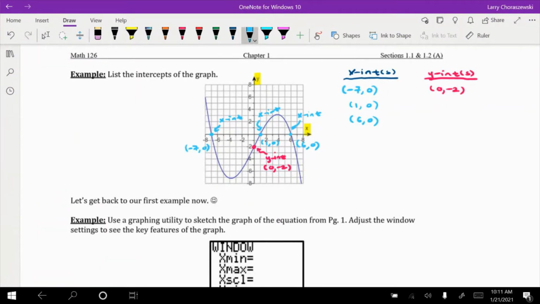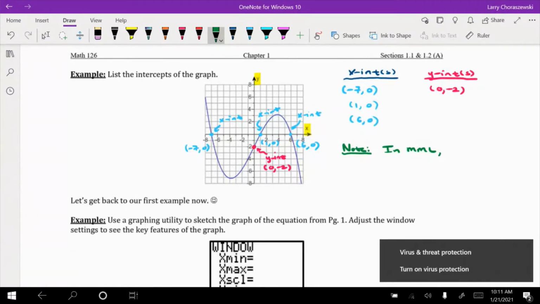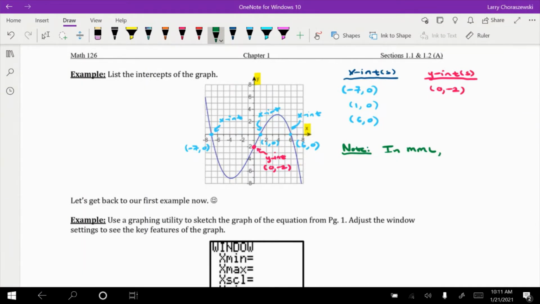Now, I do want to make a little side note here. In my math lab, for intercepts, they might just ask you to provide the x coordinate of the x-intercepts and just the y coordinate of the y-intercepts.